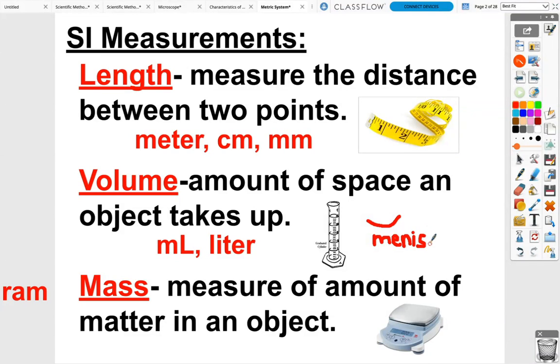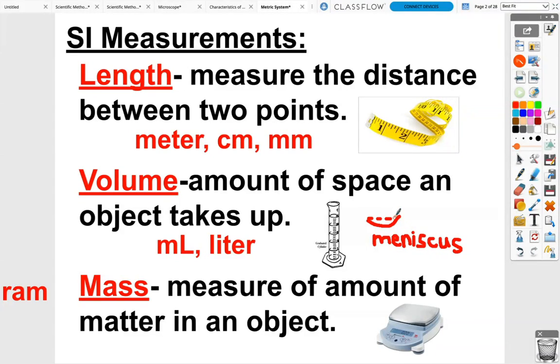So that curvature at the top is very important, because what tends to happen if we read a graduated cylinder incorrectly, it's because of the meniscus or the curvature of that liquid at the top. So the way you correctly read a meniscus, if you'll notice how it's curved here, you have a line going across the top.